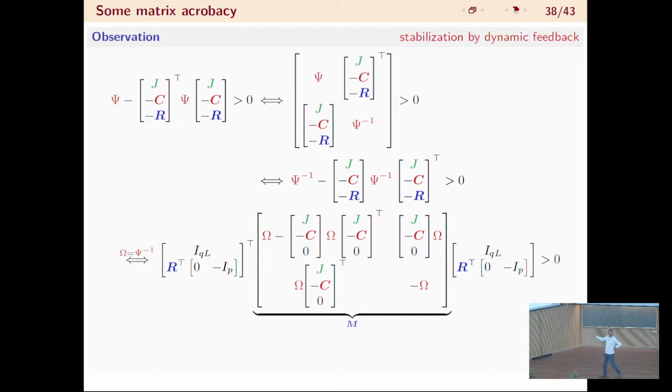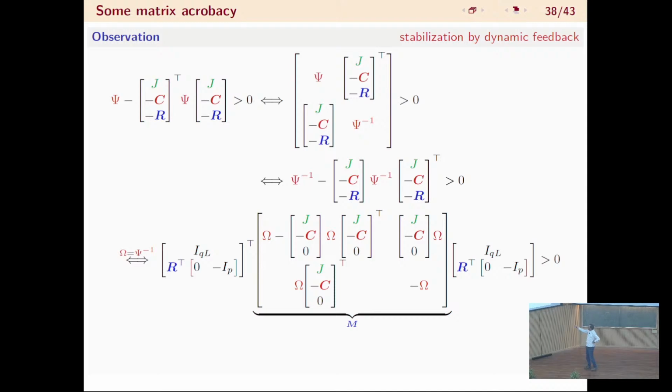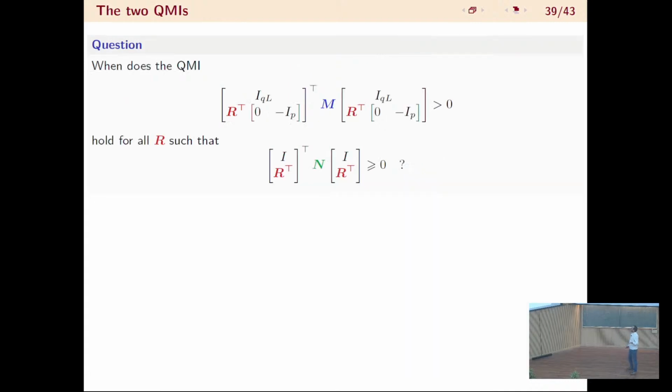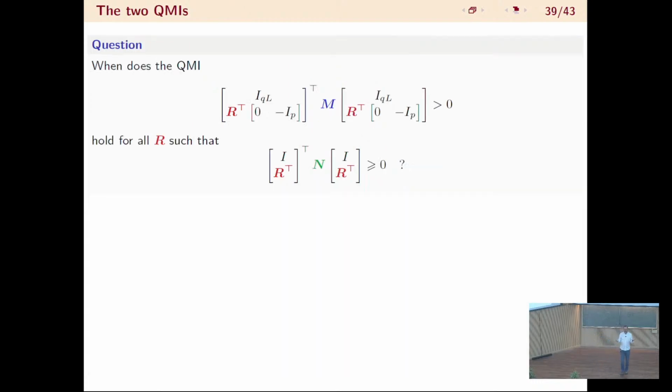And so first I obtained, let's go back. First I obtained a quadratic matrix inequality for data consistent systems. Now I obtained another quadratic matrix inequality, this time for feedback stabilization. Okay? So I am almost there. But if I write these by defining this as M matrix, again I have an obstacle.